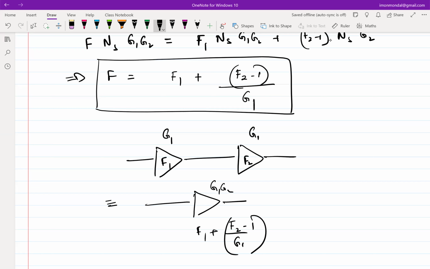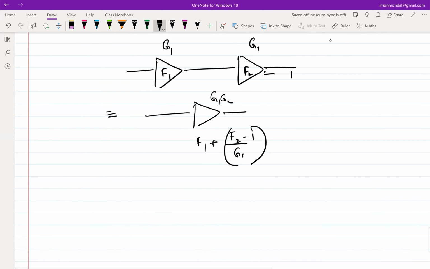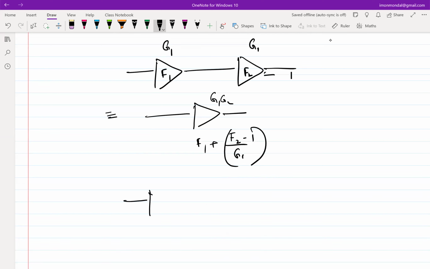Again, just like before, the noise factor of your entire system is heavily dependent on the noise factor of the first block. Because if your first block also gives you some gain, then the effect of the noise factor of the second stage is hardly anything.